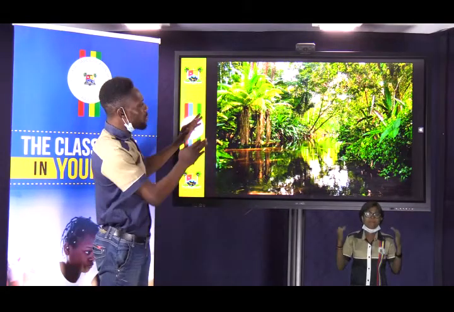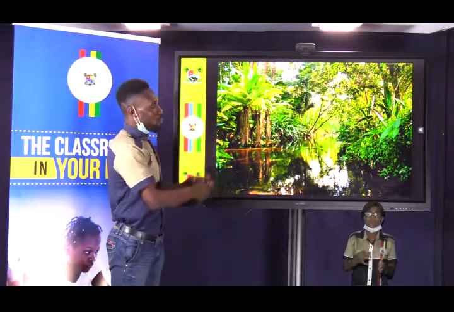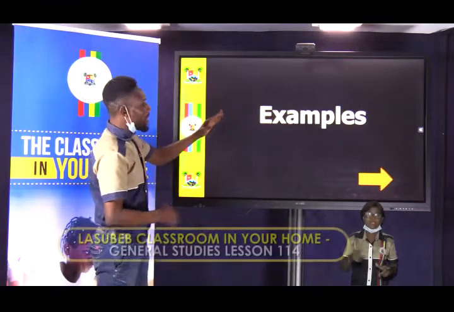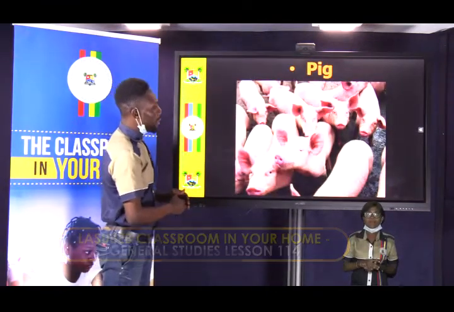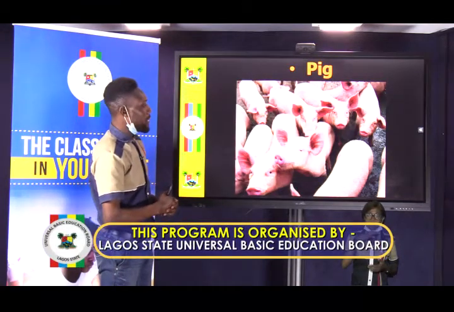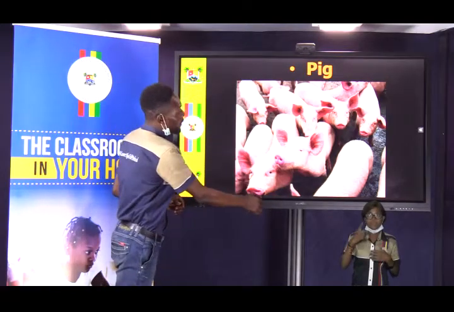In what region or which part of Nigeria do you think we mostly have this? But before that, let's look at the animals that are adapted to this area. We have pigs. Some are looking at this pig, wow, this pig is quite different from the ones you've seen before. This is also a pig.